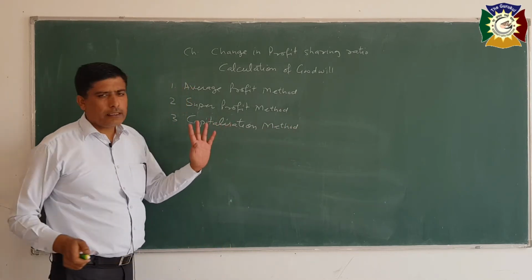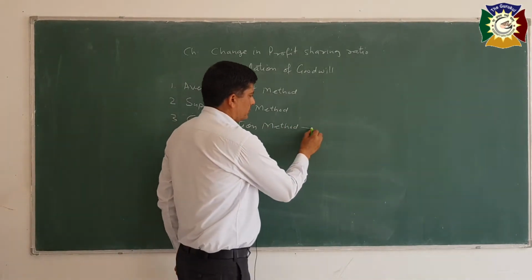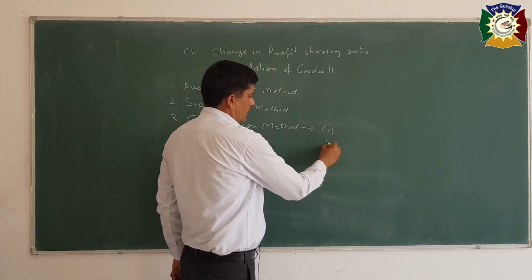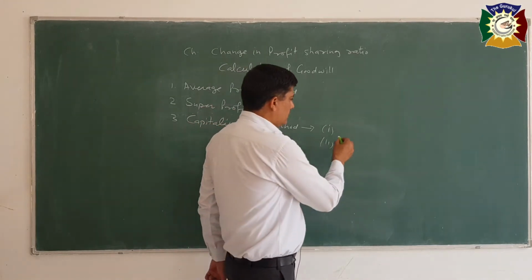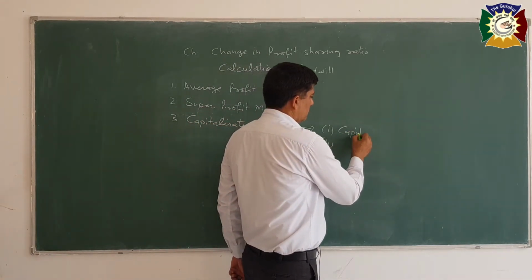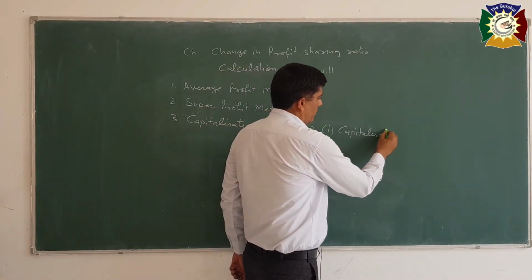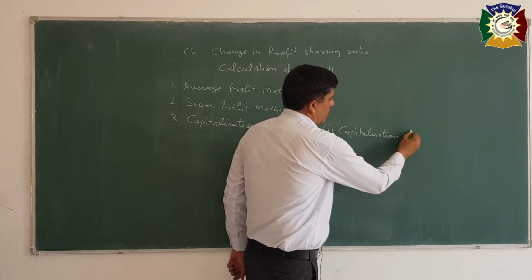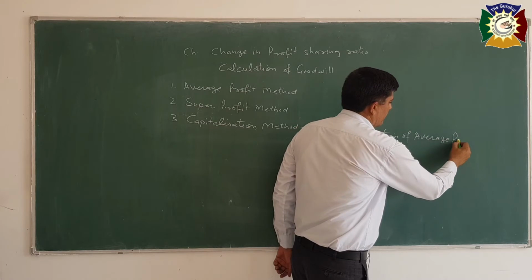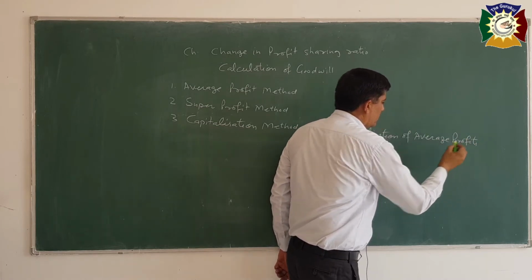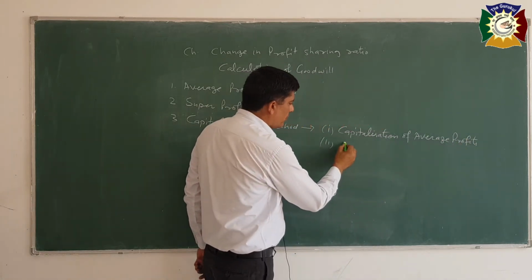In the third method, again there are 2 parts. First, capitalization of average profits. Second, capitalization of super profits.